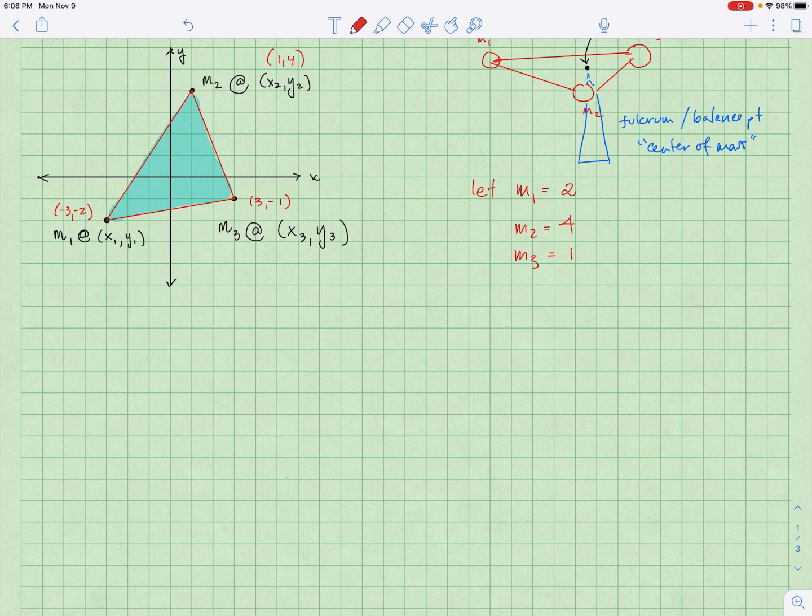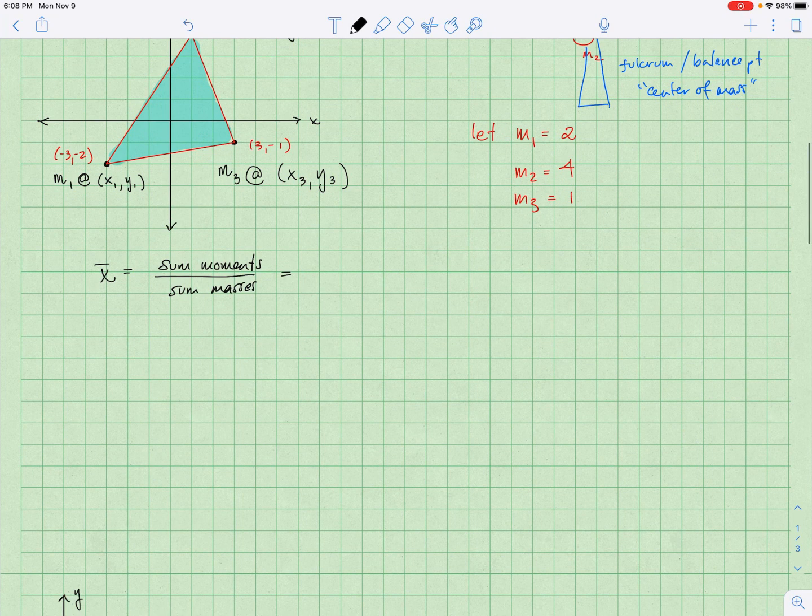Okay, so let's see. Apparently, X bar is the sum of the moments divided by the sum of the masses. Now in this case, the sum of the masses should be pretty straightforward. That's just going to be 2 plus 4 plus 1.